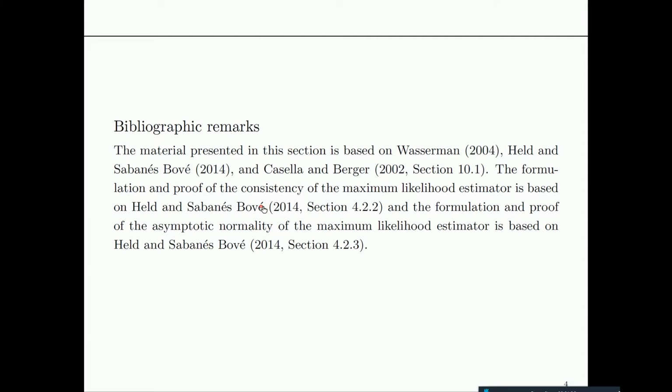This is the stuff that I based things on. The most complex things in the end, I think, are the proof of the consistency of maximum likelihood estimators and asymptotic normality of maximum likelihood estimators. And this I took from the Held book and worked with that. So maybe that's the first starting point in your reading.